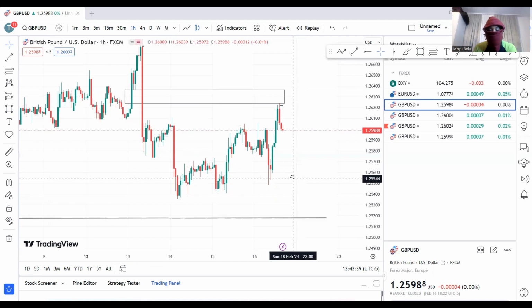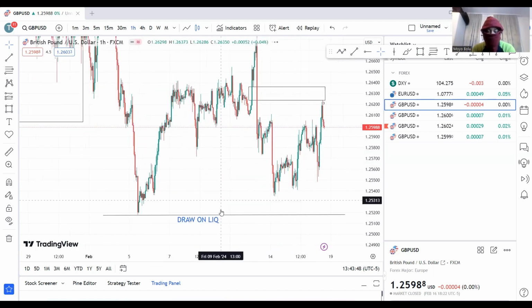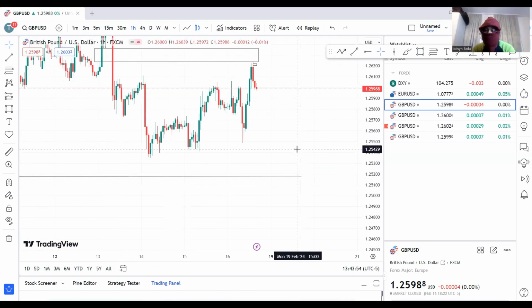Don't forget, guys, tomorrow is bank holiday. So I really do not know what's going to happen. But if price is really going to gravitate towards this draw liquidity very fast tomorrow, we will most likely have a gap.